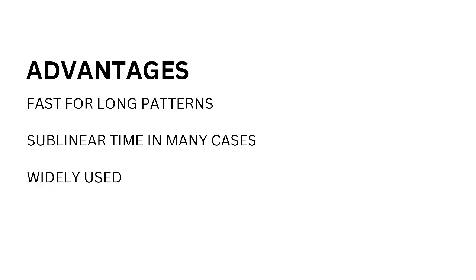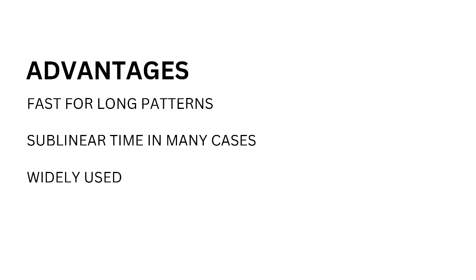Advantages. Fast for long patterns, as it can skip large portions of text, making it efficient for longer patterns. As I said earlier, it skips large portions of text, so it's really efficient when searching large data, where you can search for patterns inside it.